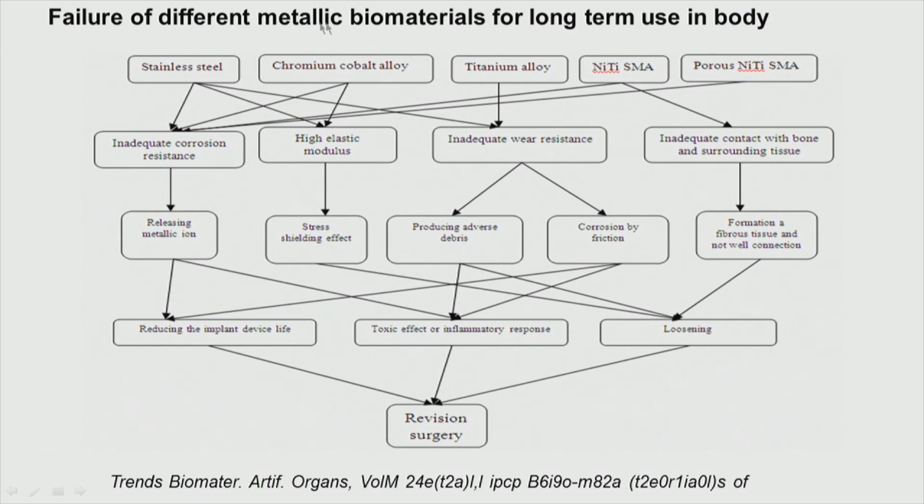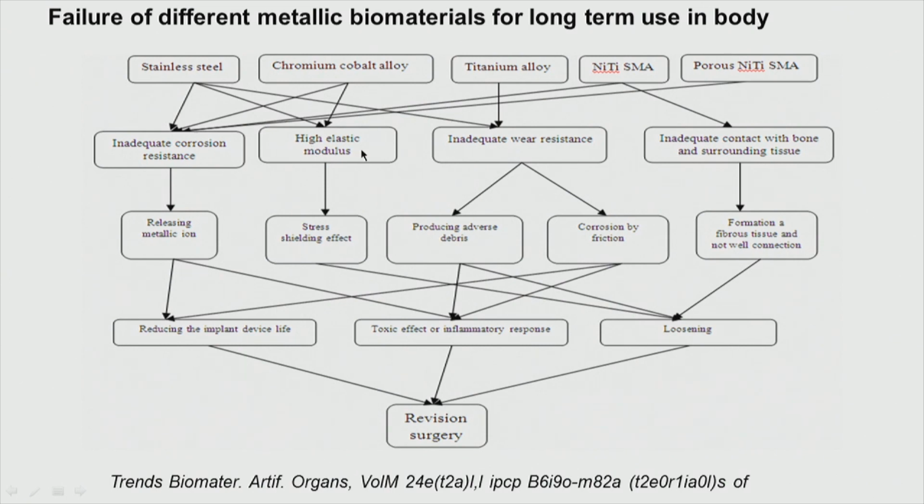What happens to various metallic biomaterials in long term use in the body? Okay. So, this was adapted from this particular reference, trends in biomaterial artificial organs. We have stainless steel, we have chromium cobalt alloys, titanium alloy, nickel titanium, porous nickel titanium. Stainless steel corrosion resistance is poor, chromium cobalt also is poor, whereas titanium is highly non corroding, whereas nickel also can have corrosion problems.